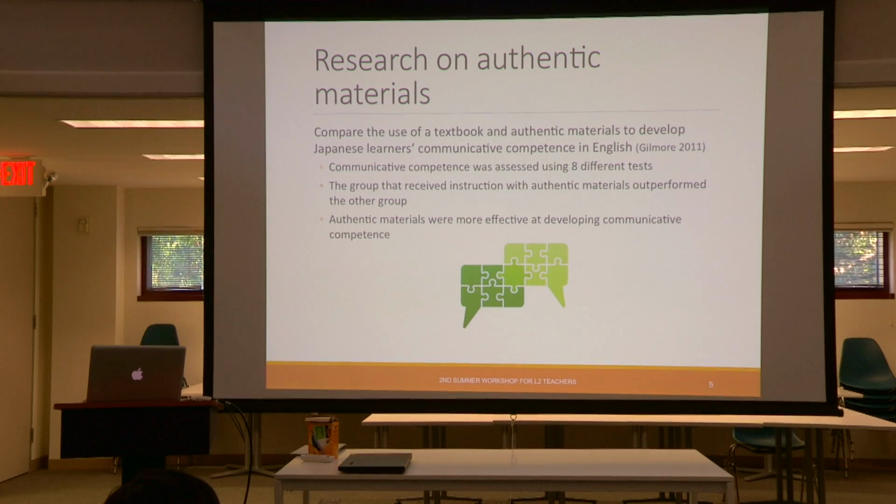And what they found is that the group that received instruction with authentic materials outperformed the other group in 5 of the 8 tasks. So they conclude that this indicates that authentic materials were more effective at developing communicative competence.